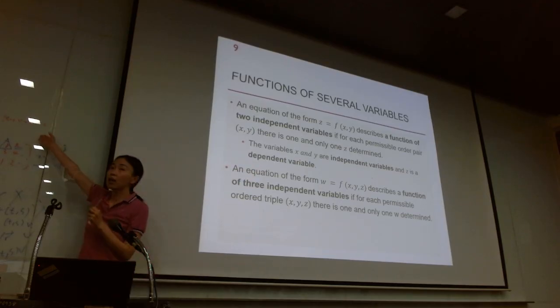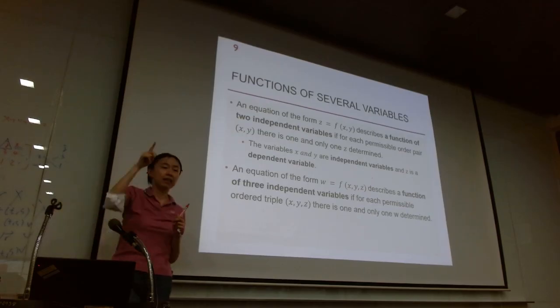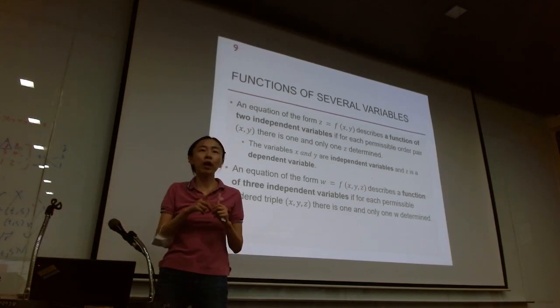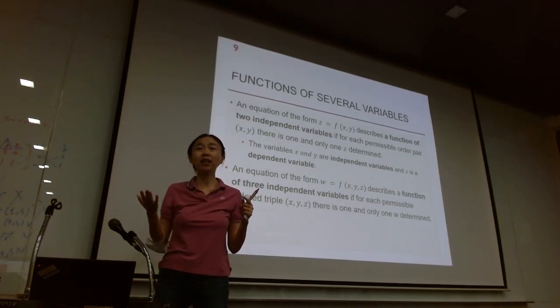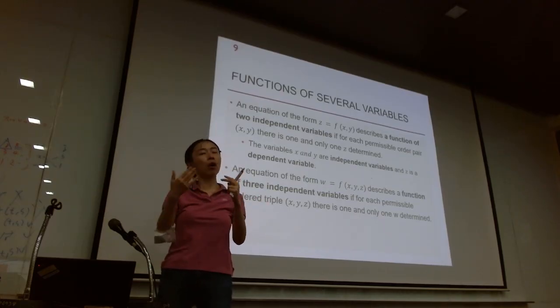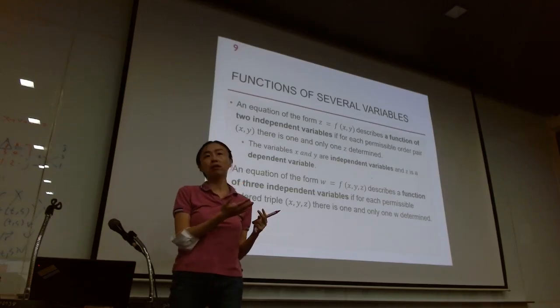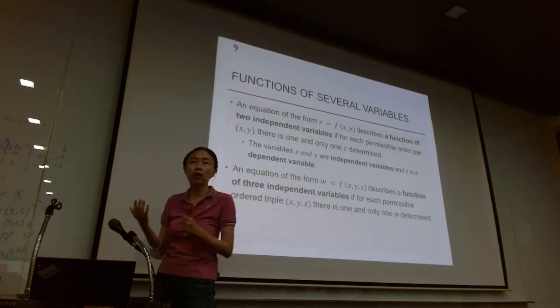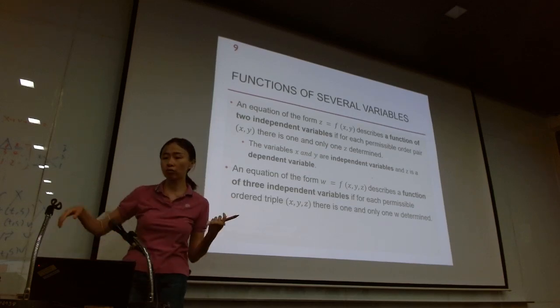But here, it depends on you, okay? In practice, you need to find which one is easy to get. If it is easier to get x and y, then you pick z as the dependent. But if y is easier, you need to get the other two, okay? So in this case.